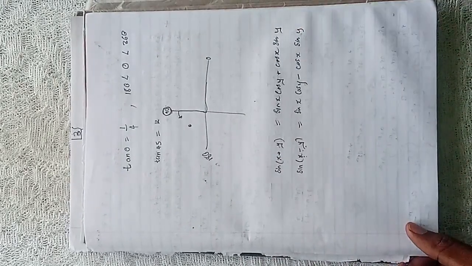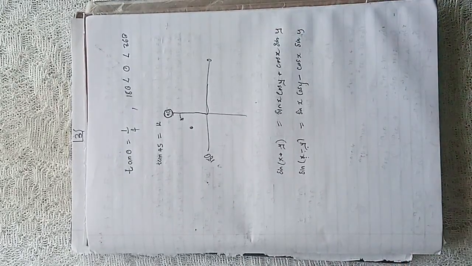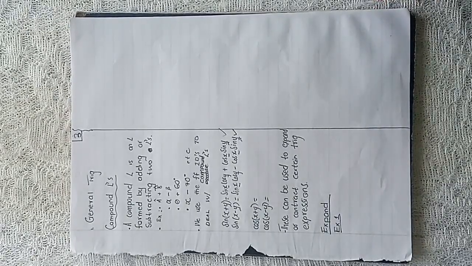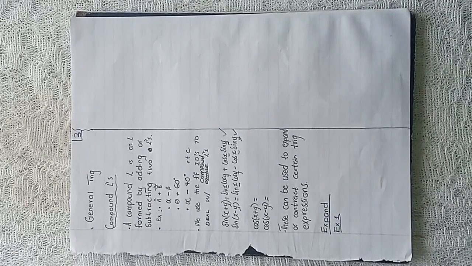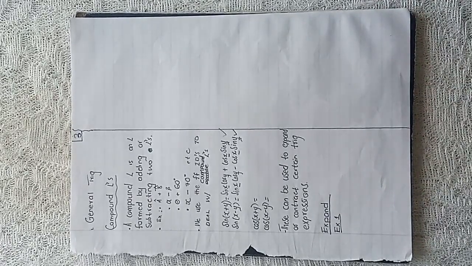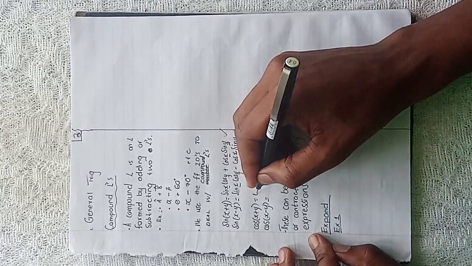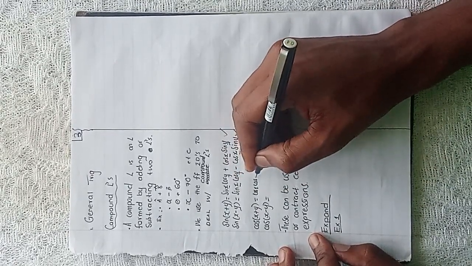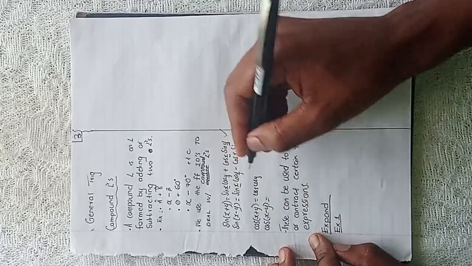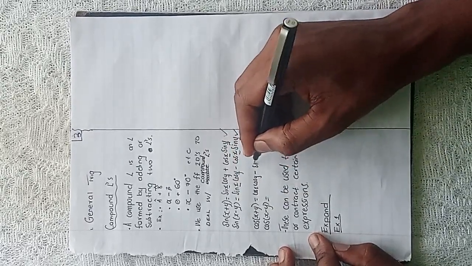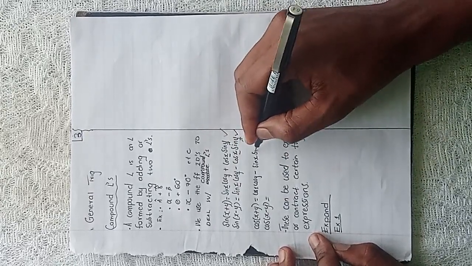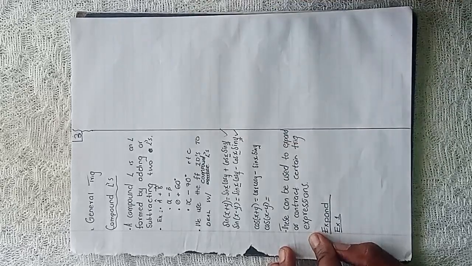Okay, this is the compound angle for sine. The compound angle for cos is cos x cos y, positive, here it will be negative sine x sine y.